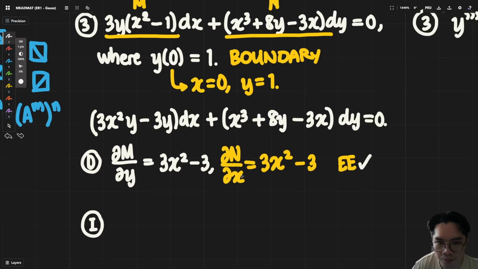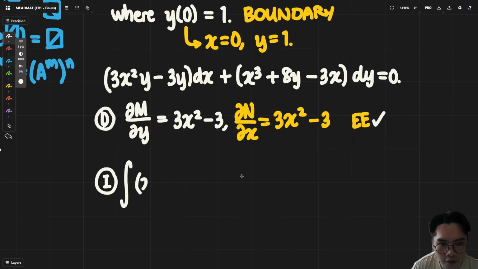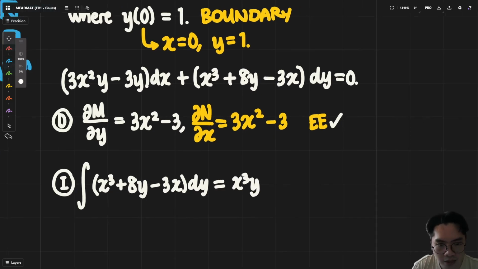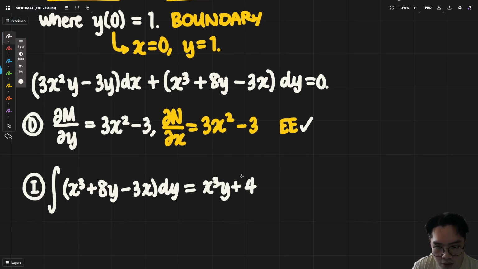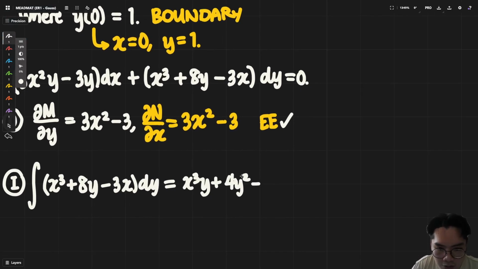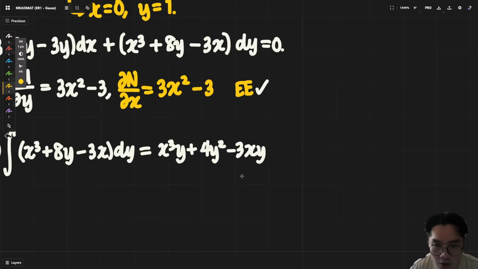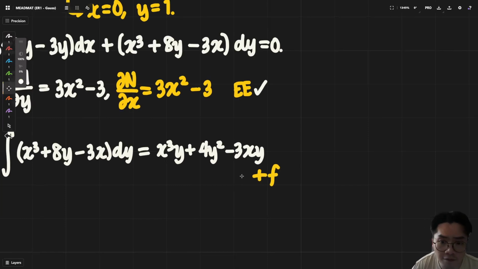Maybe this one, right? The integral of x cubed plus 8y minus 3x times dy is x cubed y, right, plus 4y squared minus 3xy. And then we might have missed some value, right? Some function of x.